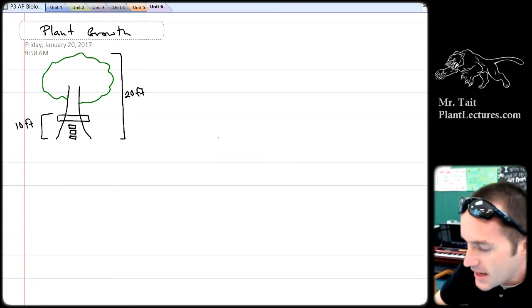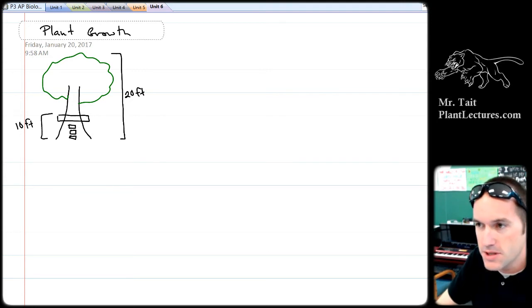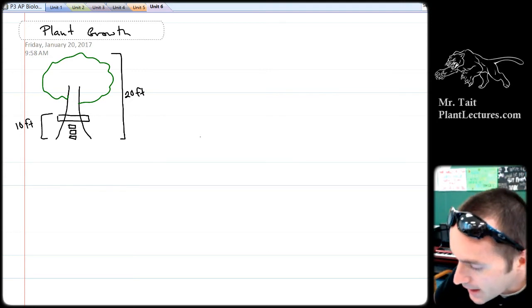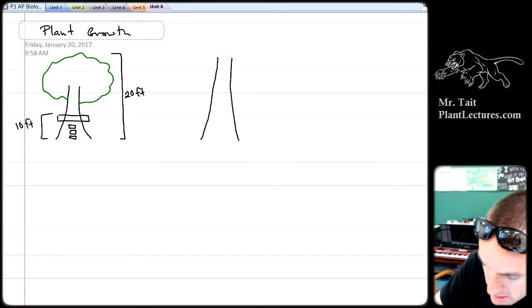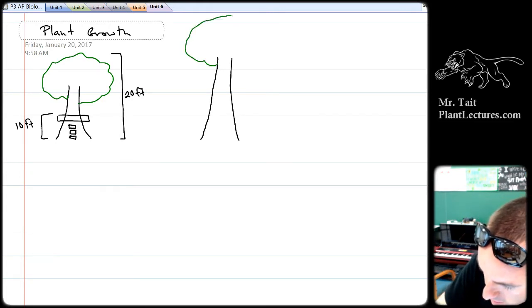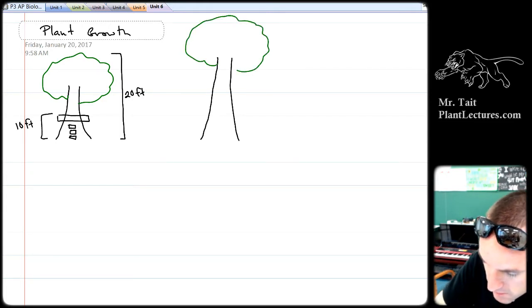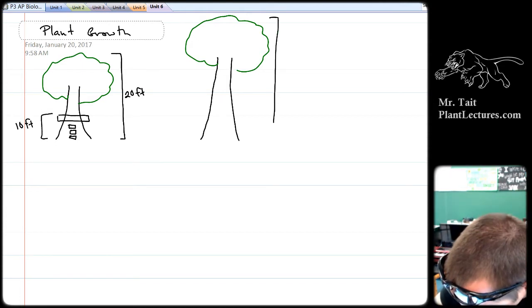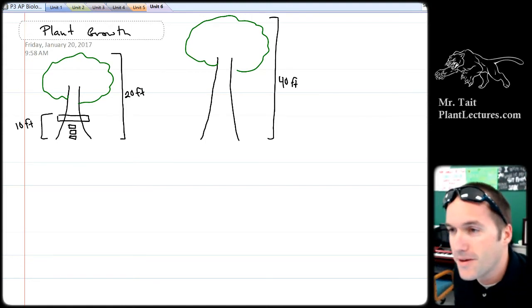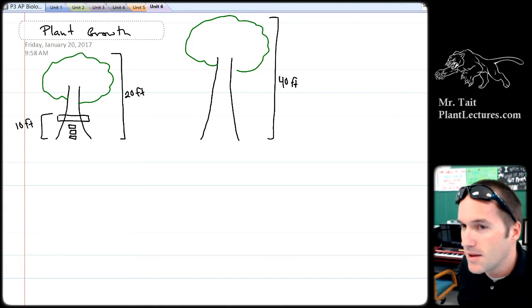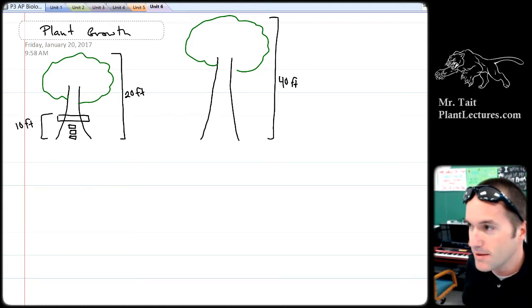Then it says little Timmy grows up, he goes off to college, and when he comes back to visit his family, his tree in the backyard is now 40 feet tall. The question is, identify the height of his tree fort and explain.